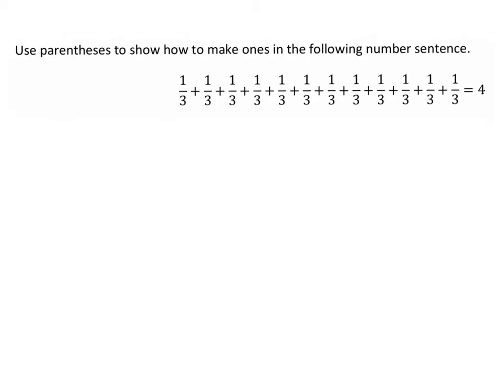All right, the next one is saying use parentheses to show how to make ones in the following number sentence. Well, that's a lot of 1/3, isn't it? We have got 1, 2, 3, 4, 5, 6, 7, 8, 9, 10, 11, 12 thirds. All right, so that's basically saying 12 times 1/3.